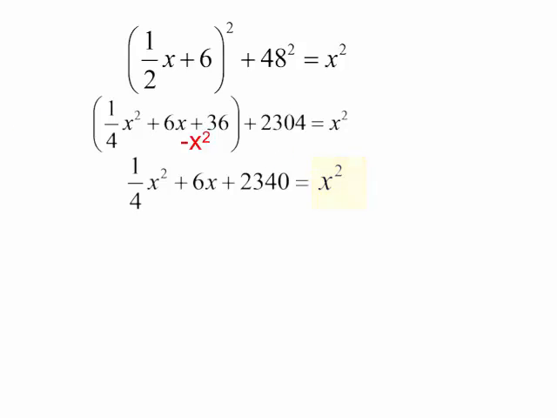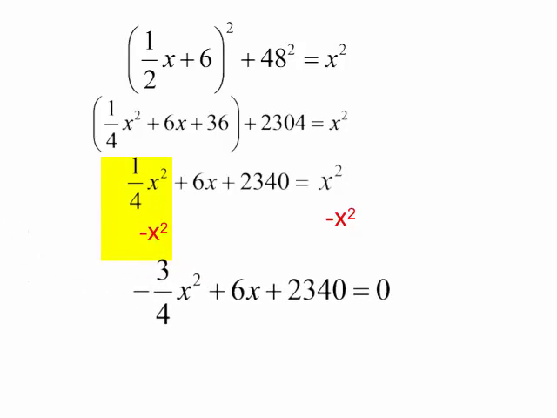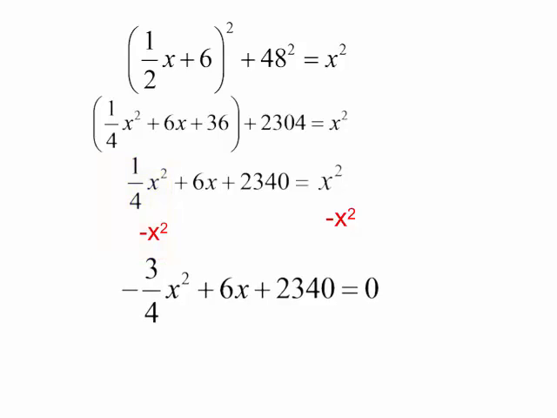I am going to choose to subtract x squared from both sides. Now watch carefully, this equation's getting a little messy. But I do have 1/4 x squared and a -1 x squared. My equation is now -3/4 x squared plus 6x plus 2,340 equals 0.